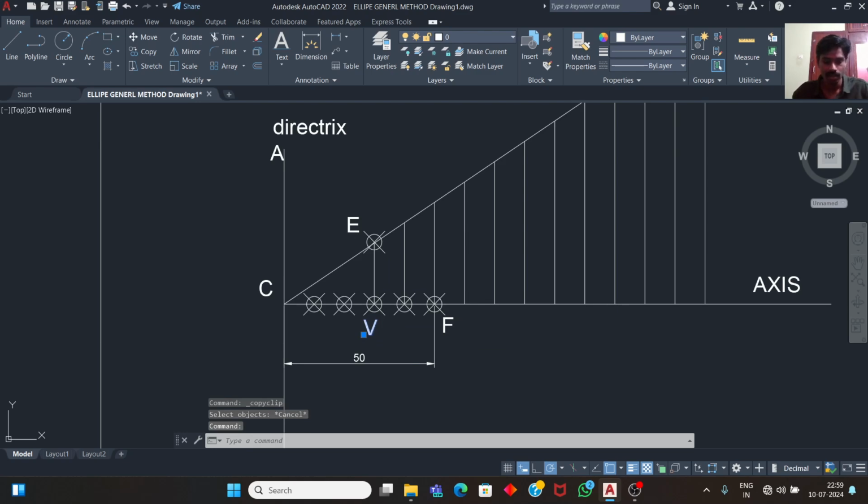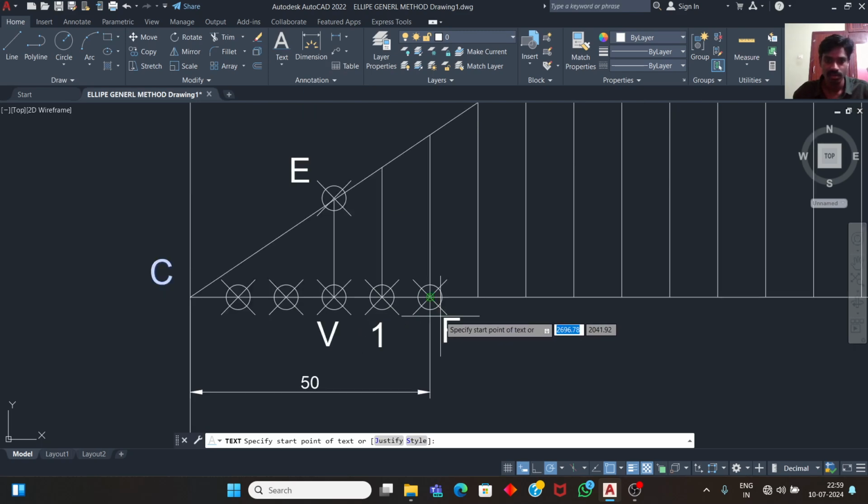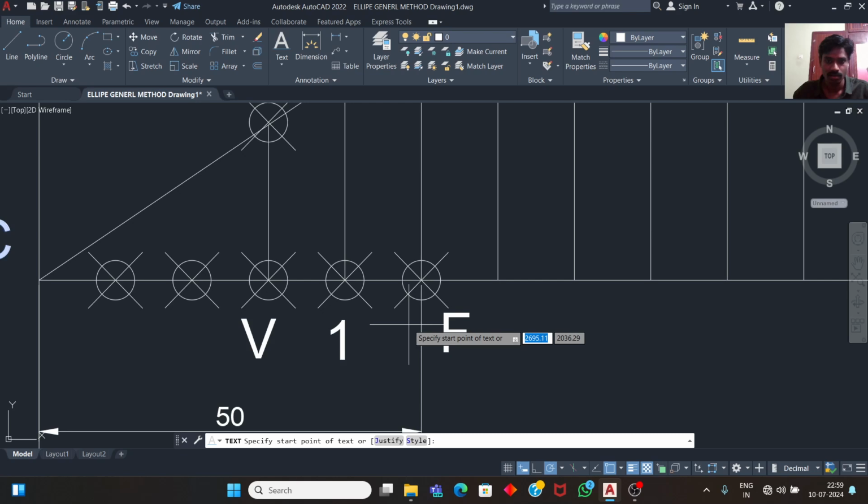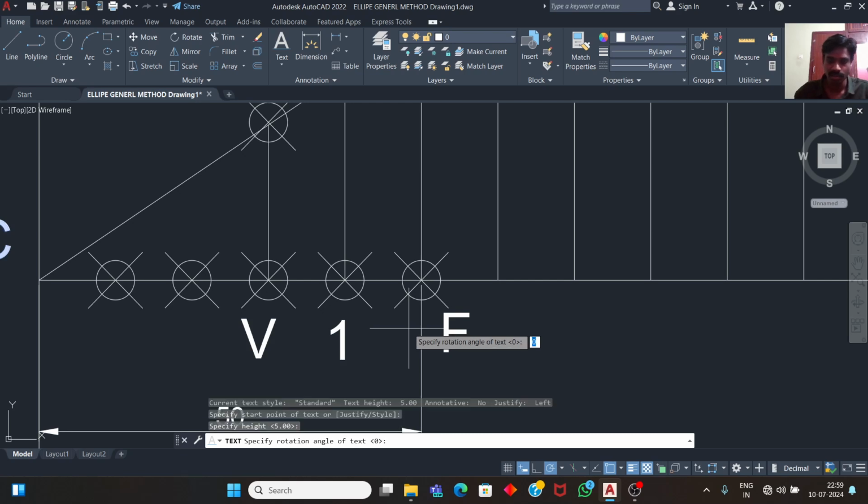I'm copying this V and taking single line text. Click on here, enter, enter.